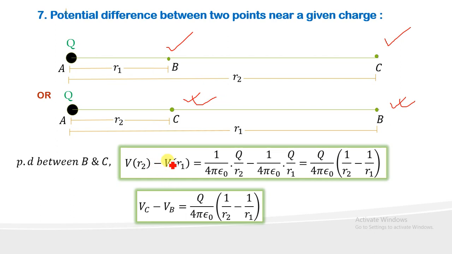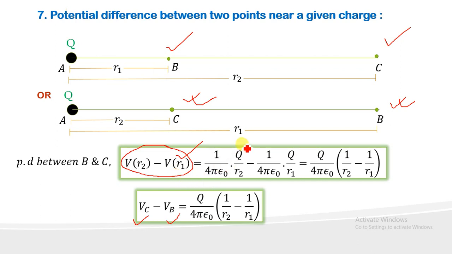The potential difference between points B and C, you can write V r2 minus V r1. V r2 means electric potential at C, you can also call it VC. And V r1 is VB. V r2 means electric potential at a distance r2 from Q, and V r1 means electric potential at a distance r1 from Q.